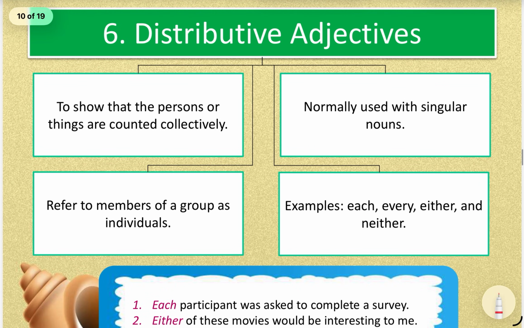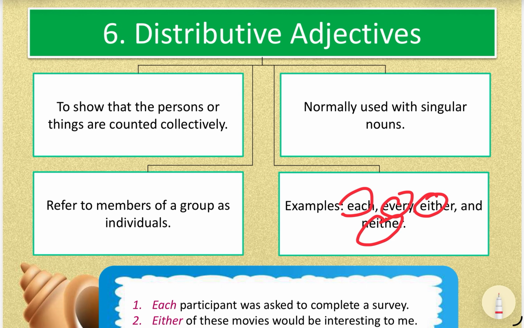Next, distributive adjective. What does this adjective do? It shows that persons or things are counted individually. Normally used with singular nouns. Refer to members of a group as individuals. For example, each, every, either, and neither.